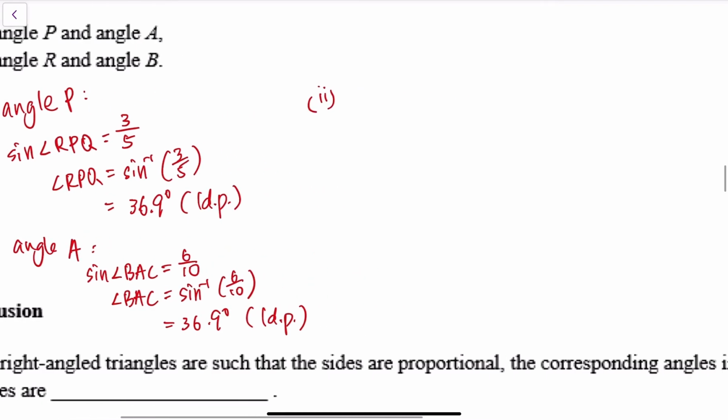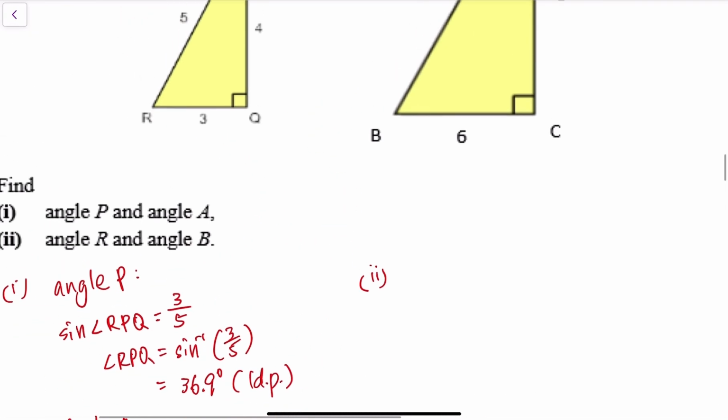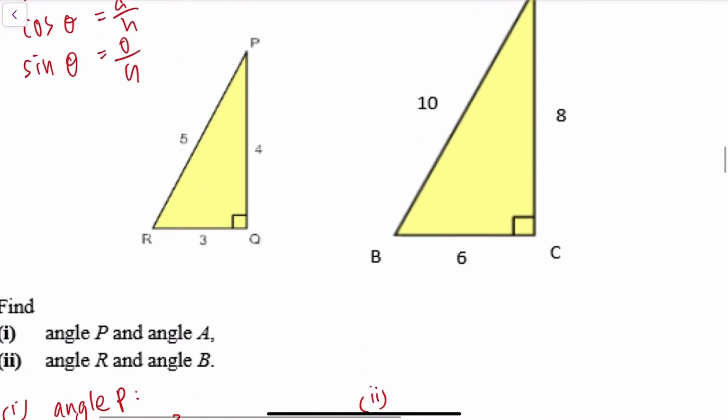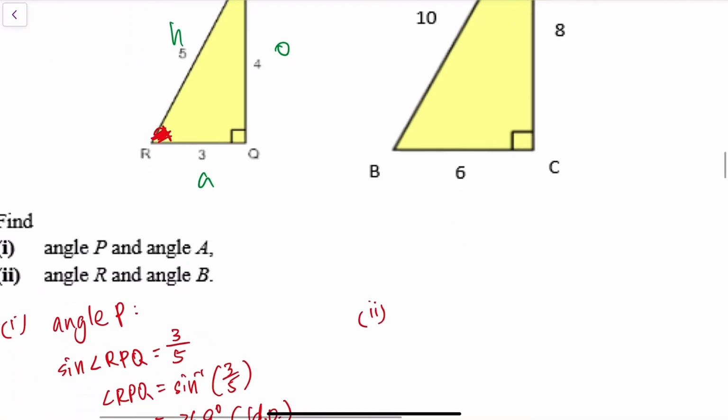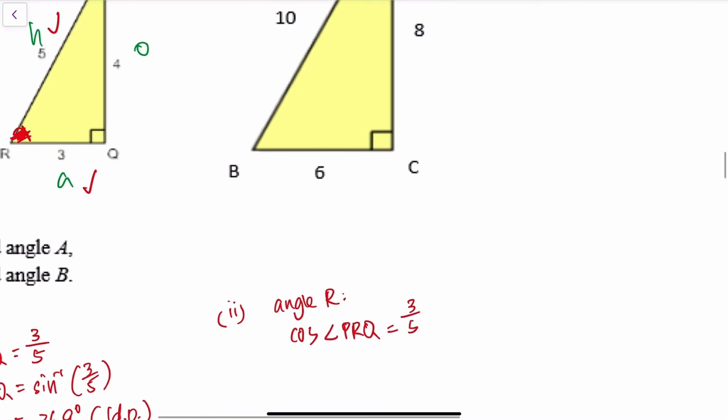Second part, R and B. Angle R. So over here, I will have H, O, and A. Okay, so let's find angle R. Let's use cosine instead. Cosine of angle PRQ is equal to 3/5.